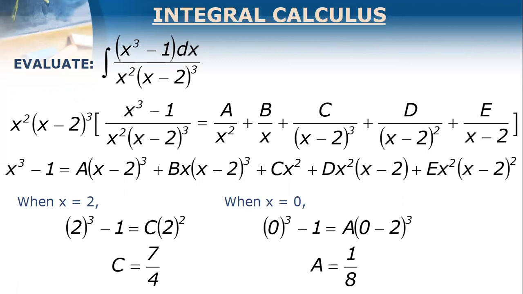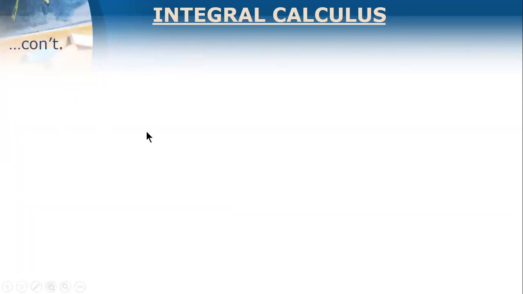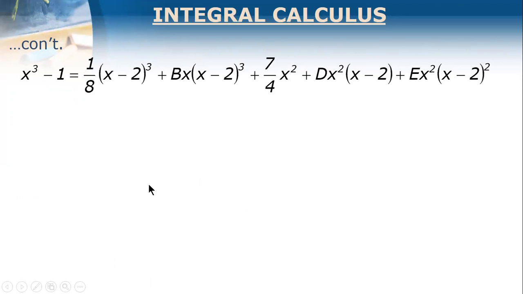So remaining constants, we have three constants only, B, D, and E. So let us substitute 1/8 for A, and 7/4 for C. We have this, our A, 1/8, and C equal to 7/4.